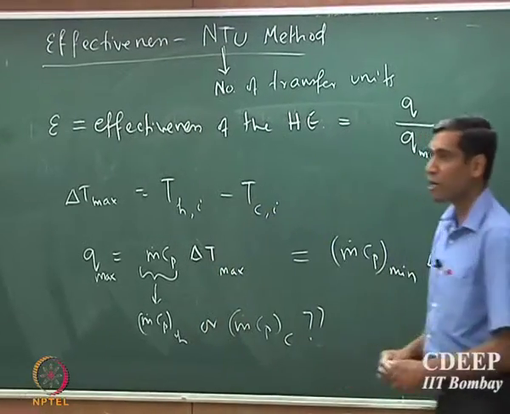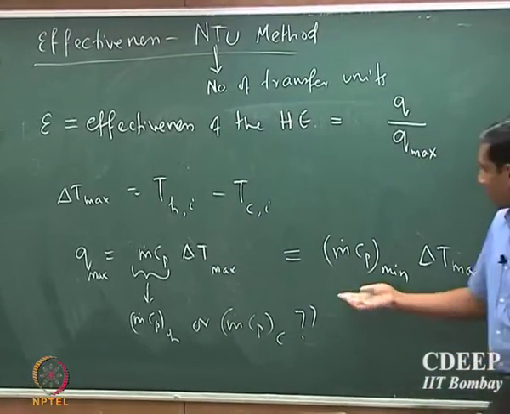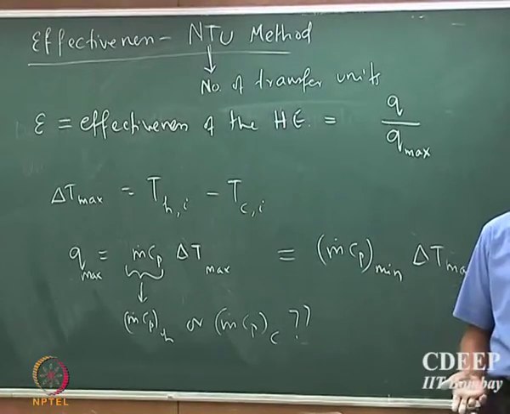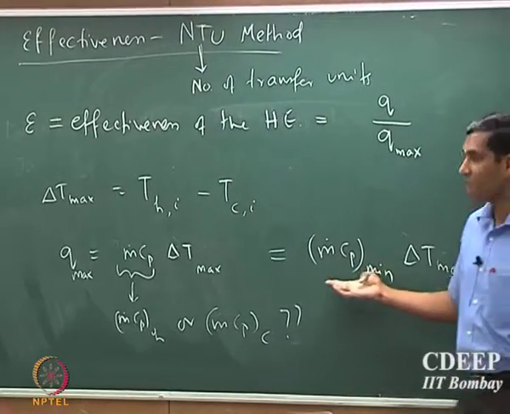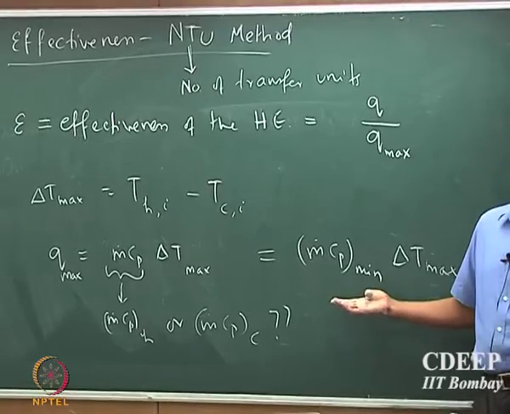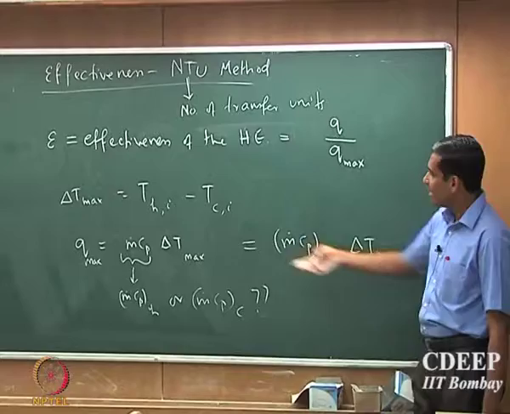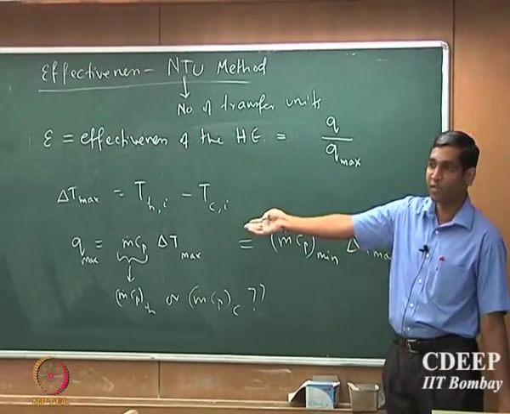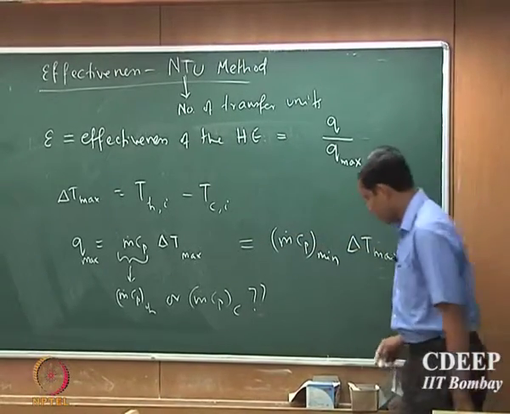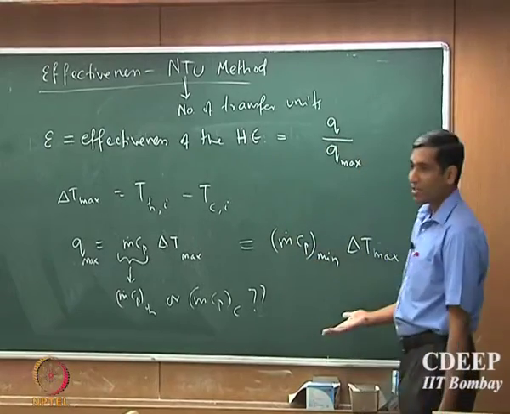Okay. So this is an important observation. The maximum possible heat transport rate is essentially the product of the minimum m dot Cp between the two multiplied by the maximal temperature difference, which is the difference in the inlet temperatures of the two streams. Okay. So now we know how to define Q max.